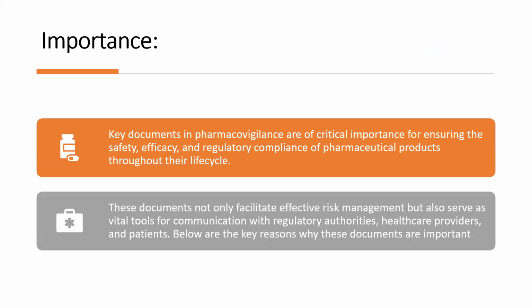Key documents in pharmacovigilance are of critical importance for ensuring safety, efficacy, and regulatory compliance. As I told you, whatever documents we utilize to perform PV activities are in regard to drug safety, drug efficacy, and maintaining regulatory compliance. There are certain time-bound activities with the regulatory authority, and we have to fulfill those within that timeline; only then is it called compliance.